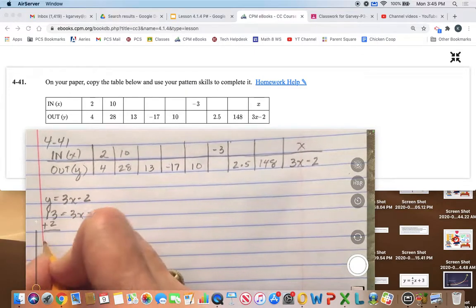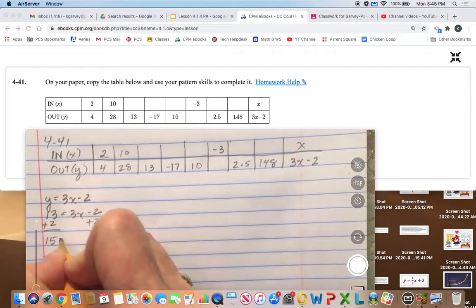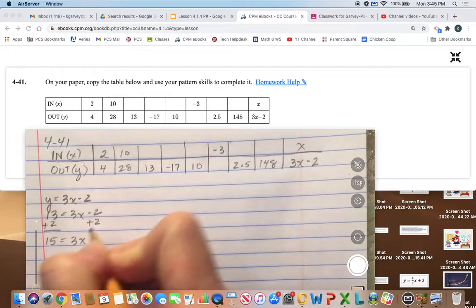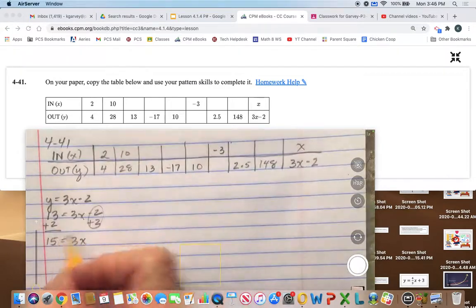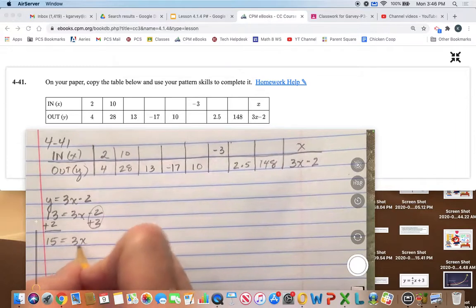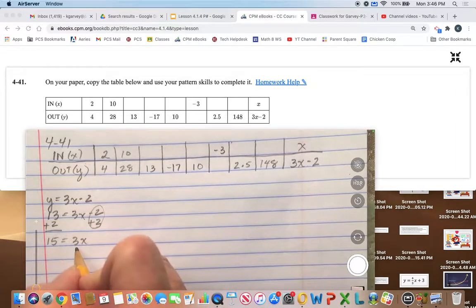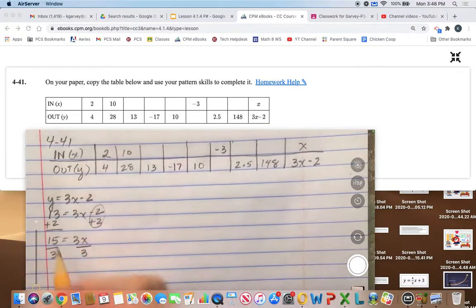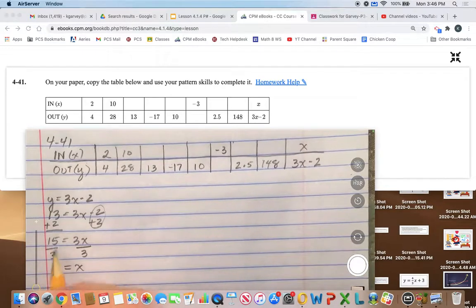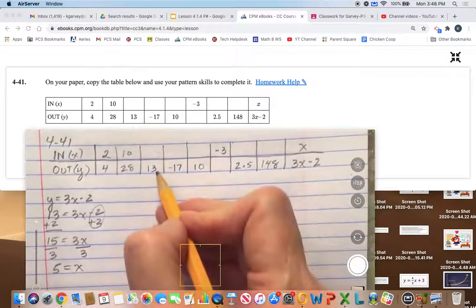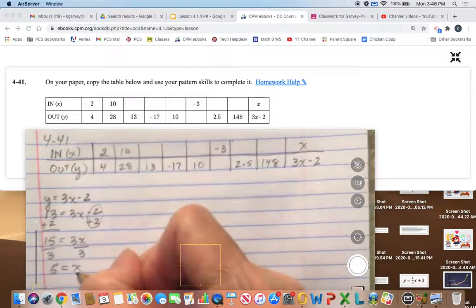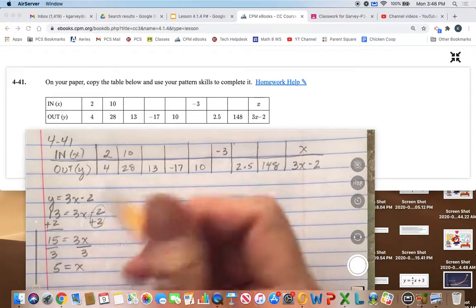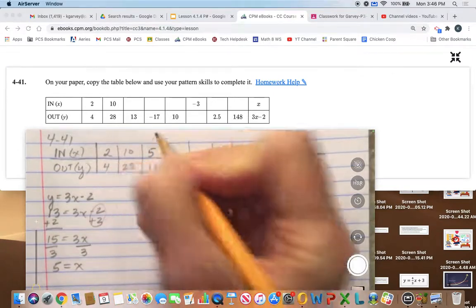And on this side we'll get 15. And then we'll have 3x, and this negative 2 and plus 2 is zeroed out. Now we have to get rid of the coefficient of x by dividing by 3 on both sides. And so here we just have x, and on this side it's 15 divided by 3, which is 5. And so when y is equal to 13, we know x is going to be equal to 5. So I'll go ahead and put that in.